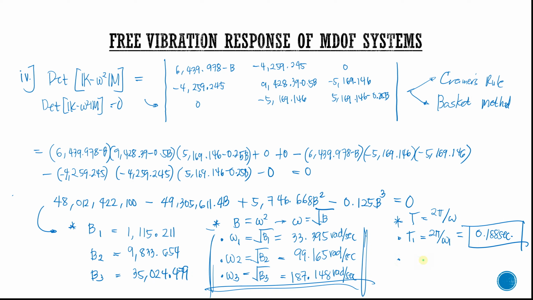The second time period, 2 pi over omega 2, is equal to 0.063 seconds. And our third time period, which is 2 pi over omega 3, is equal to 0.034 seconds.